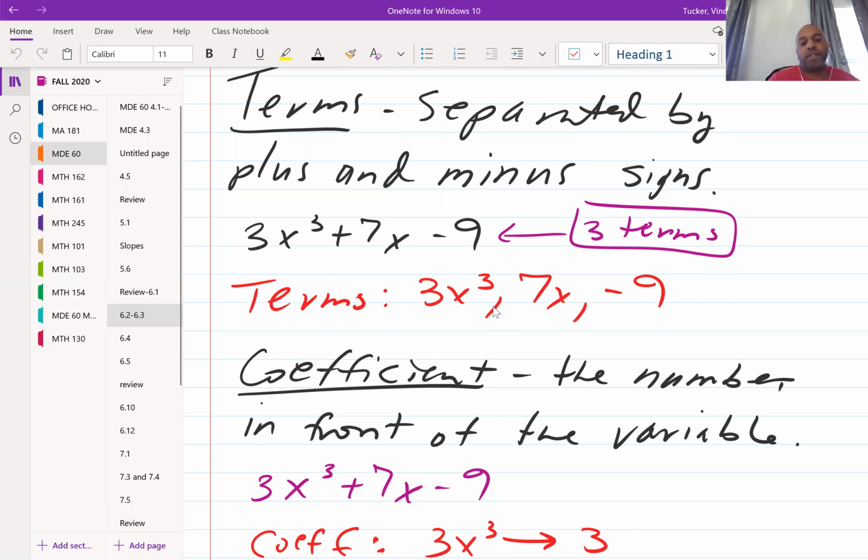All right, your coefficient is the number in front of the variable.